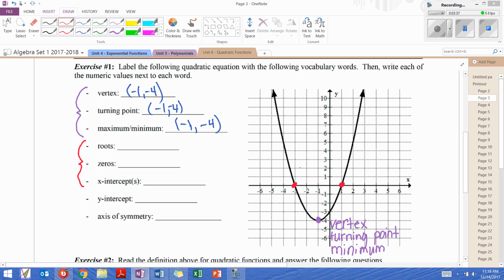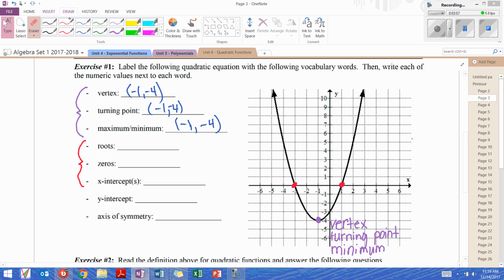We typically have 2. Sometimes we have 0, and sometimes we have 1. If we just had 1, the parabola would just touch one point and bounce back up again. Ew, that's a horrible graph. But that's how you would only have one root, 1, 0.